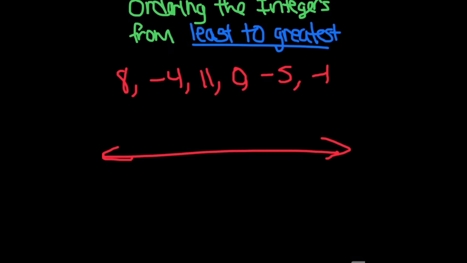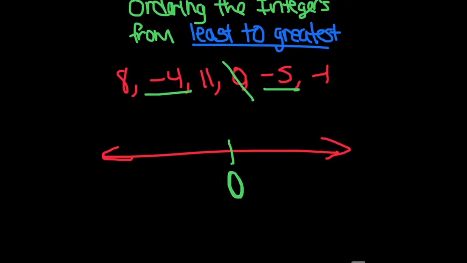So you probably may want to just start off with 0. The first thing you can right away do when you're given a number line is place 0. It doesn't always have to be in the center of the page, but 0 should be in the middle. Now let's talk about negatives first. So a negative 4 and a negative 5.